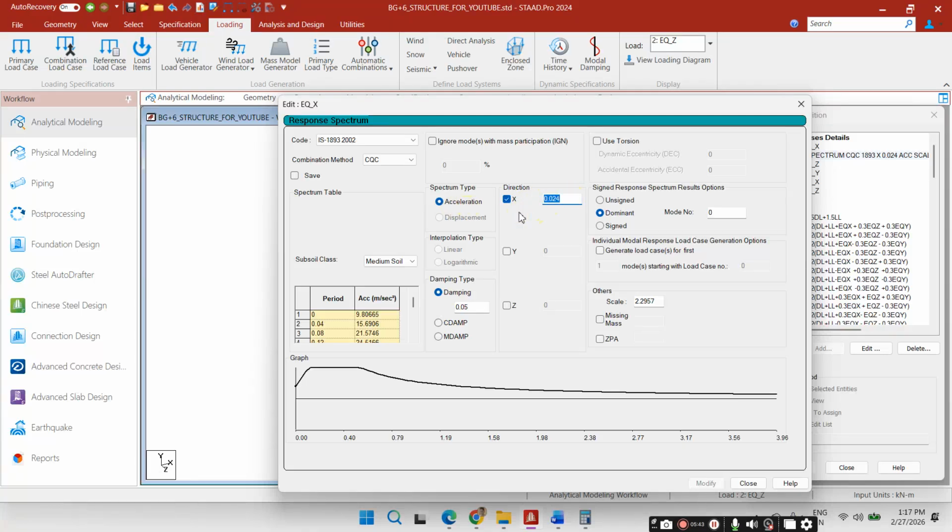It is 0.025. How does it come? The equation is Z I by 2R. So let's check Z I by 2R.